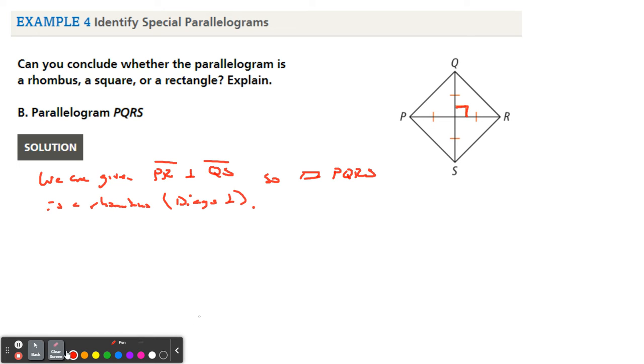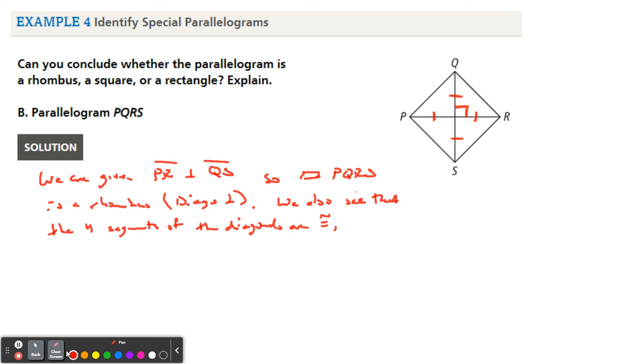But we also see that all of these little segments are congruent. We also see that the 4 segments of the diagonals are congruent.